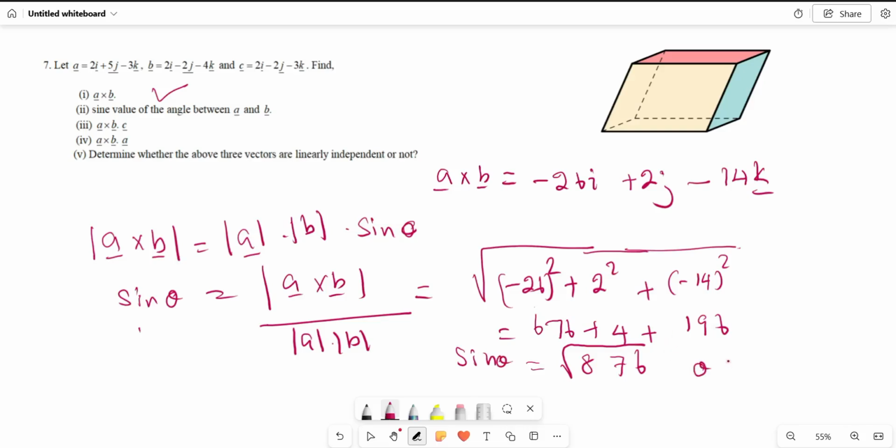Theta is divided by what? Divide by mod of A and mod of B. Mod of A you can take easily. What is that? We'll take mod of A as square root of 2 squared plus 5 squared plus minus 3 squared. 4 plus 25 is 29, 29 plus 9 is 38, right?